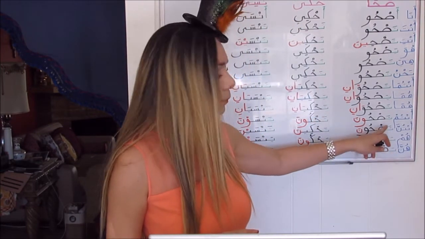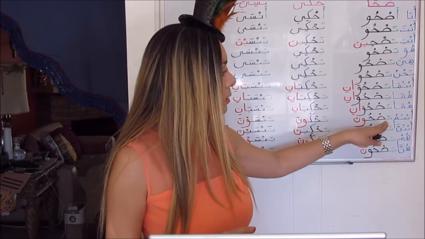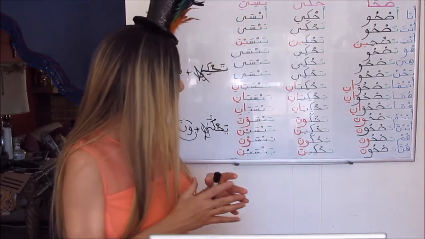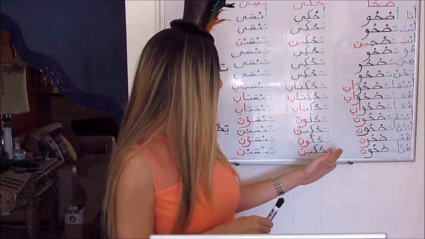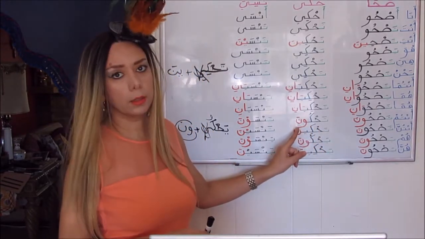So for antum and antunna, antum second person plural masculine, antunna second person plural feminine, are subjected to the same principles. Alright, as we have seen with saha. So antum tahkuna.